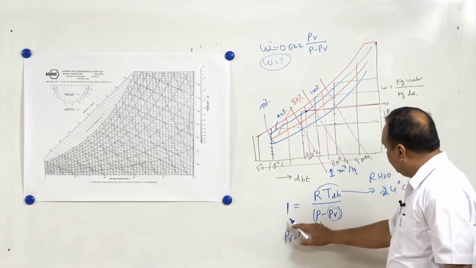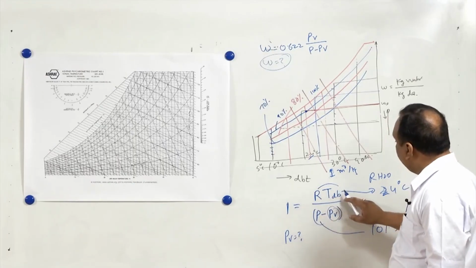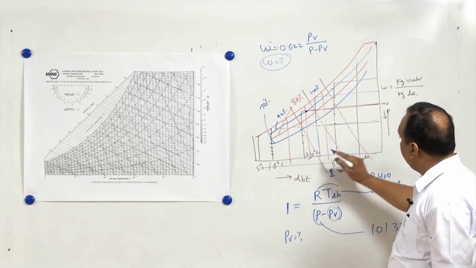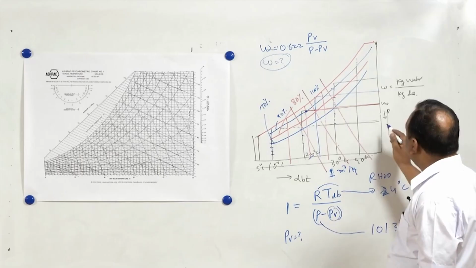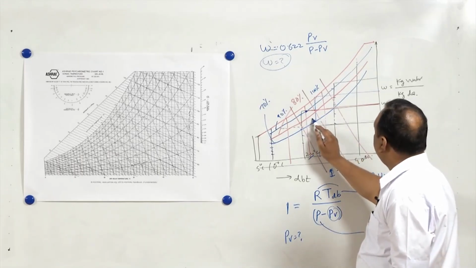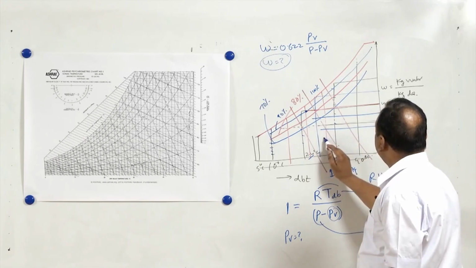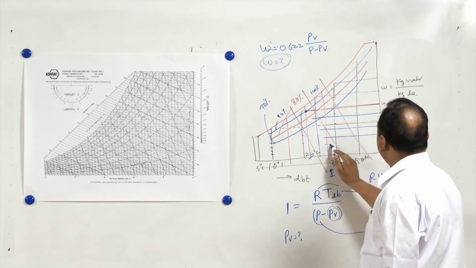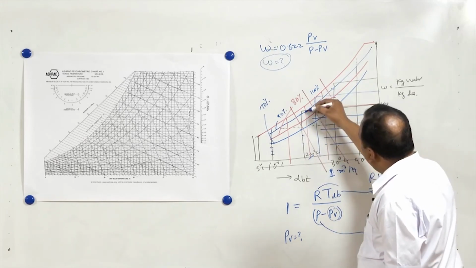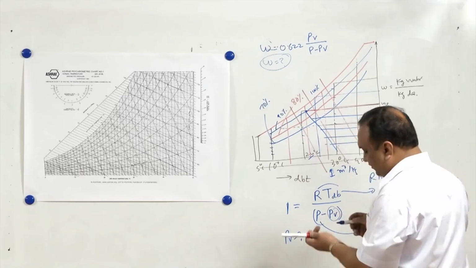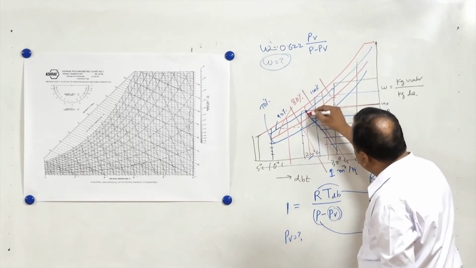Now again we can keep on changing the value of dry bulb temperature, and if we increase the dry bulb temperature we will be getting different values of specific humidity, and if we join all these points we will get a constant volume line.